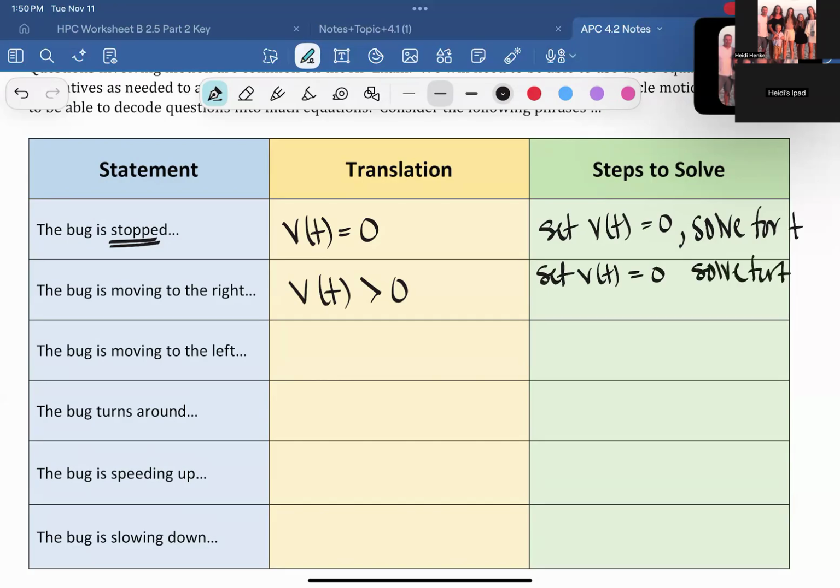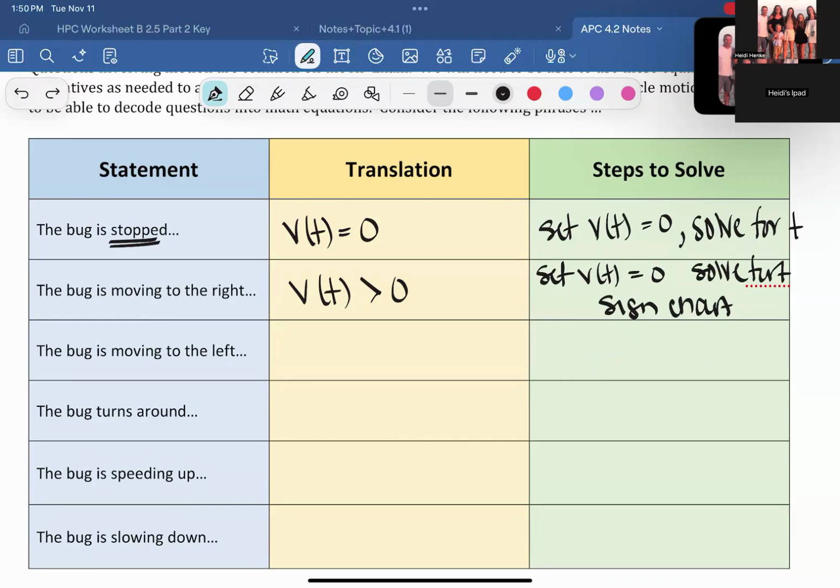And then we're going to do a sign chart. Sign chart, if you remember, is where you put your zeros on there and then you test this section, you test this section, you test this section. Maybe it's positive, negative, positive. If you're looking for where velocity is positive, then your answers are these two sections. We've done that before. This should be familiar to you. So a sign chart, that's what I'm talking about when I say sign chart.